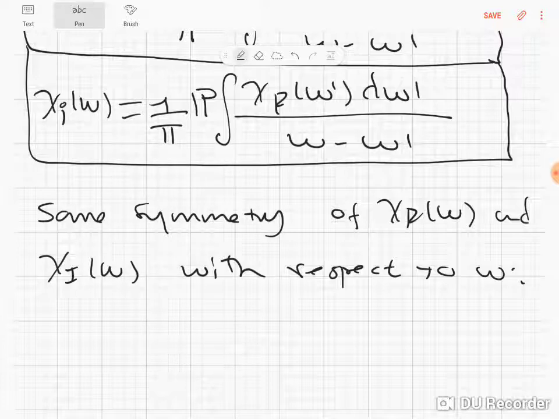For such a task, what we're going to do is write chi of omega as a Fourier series in the following way.